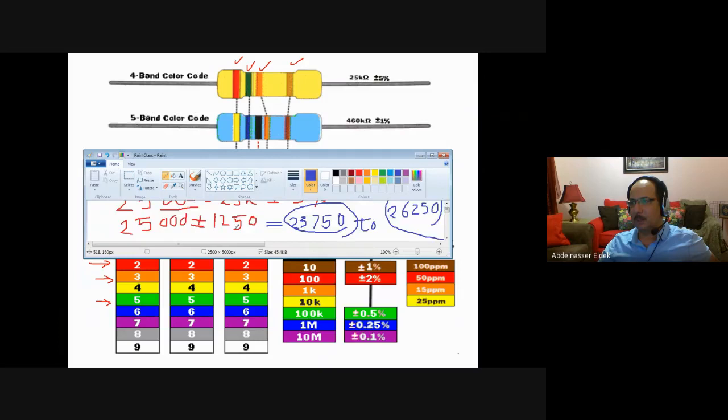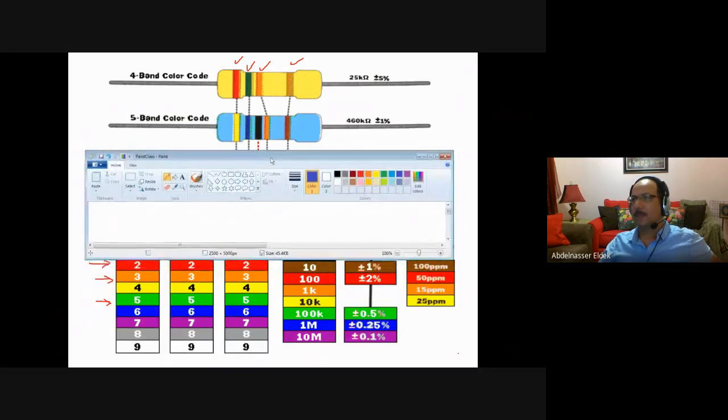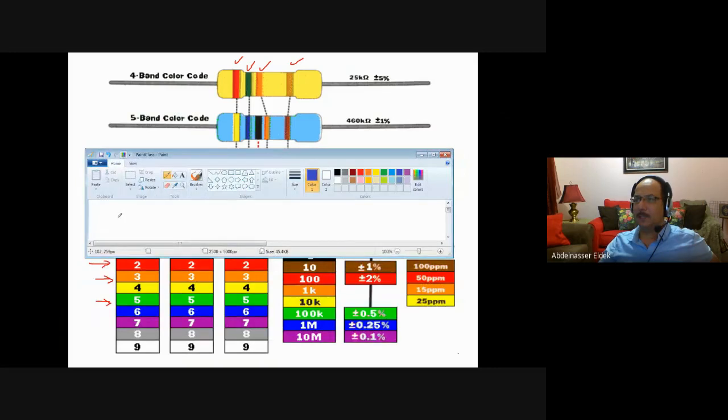If we have a resistor that has, for example, 5 colors, like this one here, it's the same idea, but we just add a number. The first color is yellow. Yellow is 4. Second color is blue. Blue is 6. Third color is 0. The fourth color will be the multiplier, which means the number of zeros. It is orange.